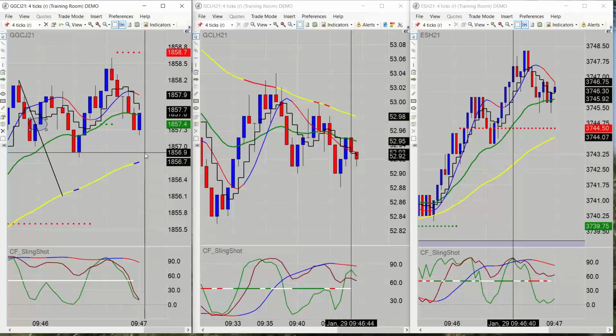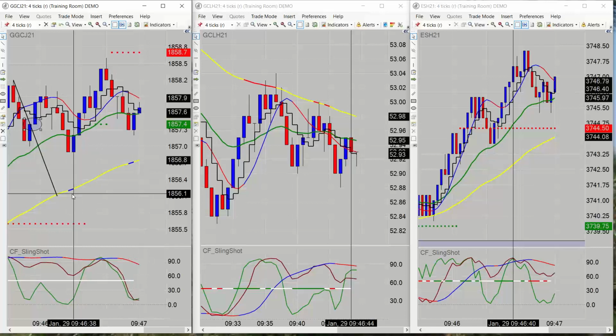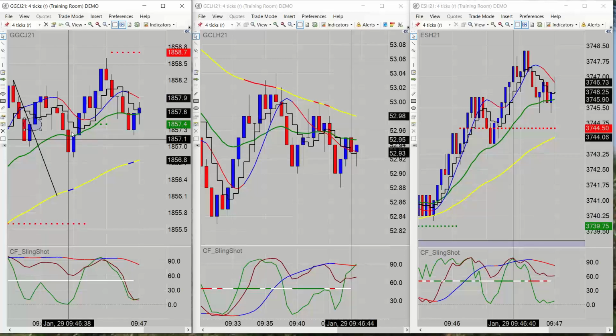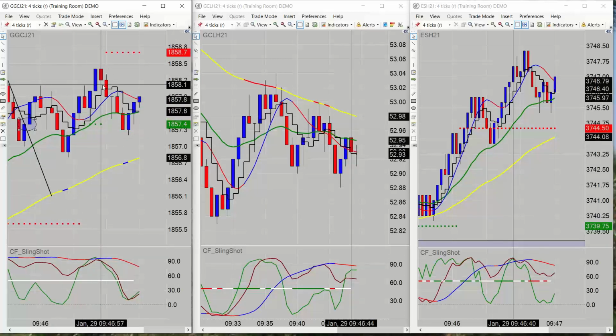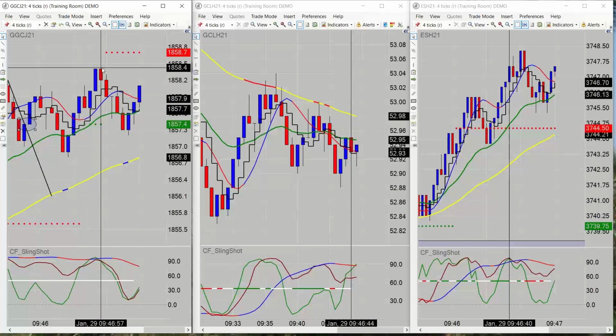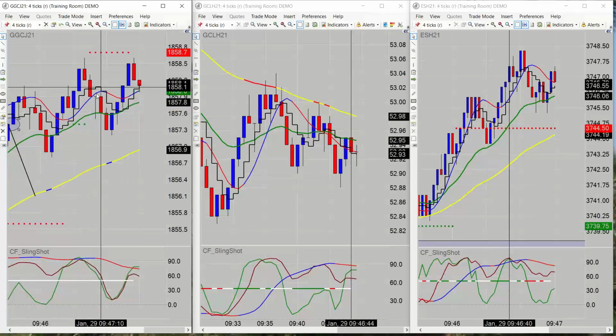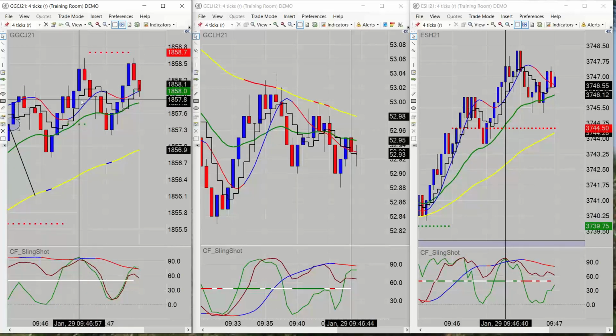So here we have blue on the YBR, bullish separation in the slingshot, and an opportunity to put profit. You may not have gotten the goal on this one, but a chance to go long.